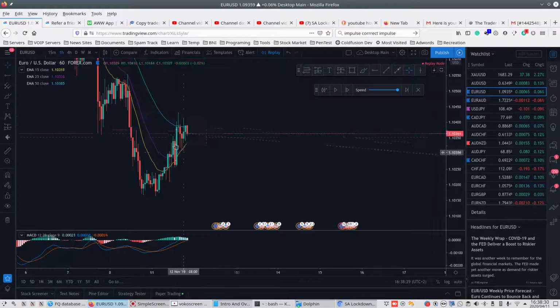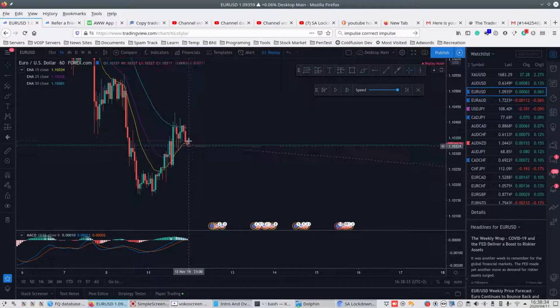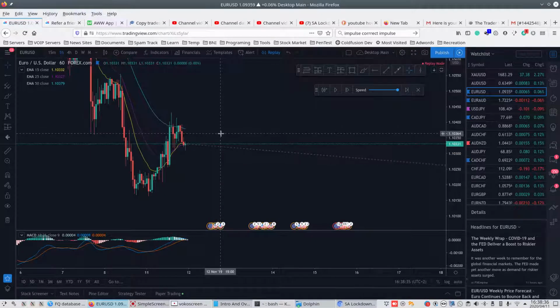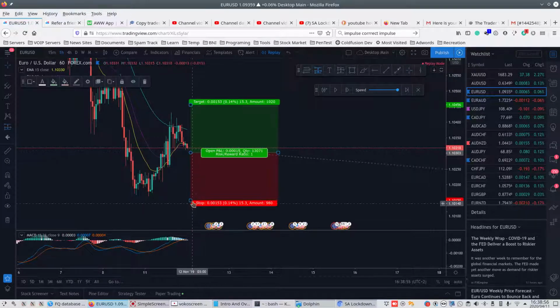Sorry, my internet's slow, so it's still loading stuff after that one. Here is our entry point, by the way. I wonder how many times I clicked that, it's still in buffer. Okay, hopefully that was the last one. So now here is our structure that I was going to look at. In order to go for this trade, we are going to say a long position, and I'm going to select here.